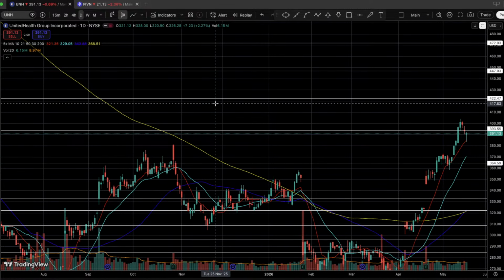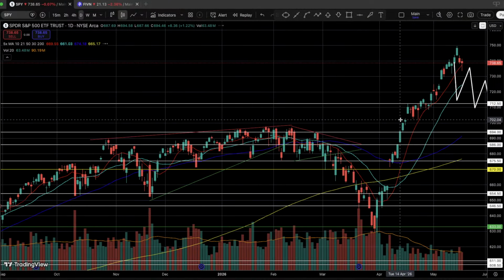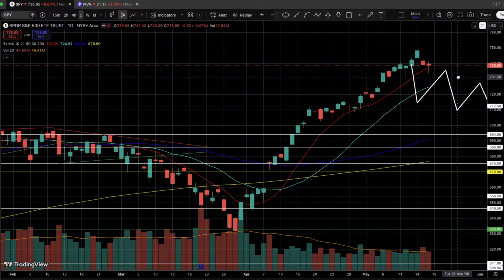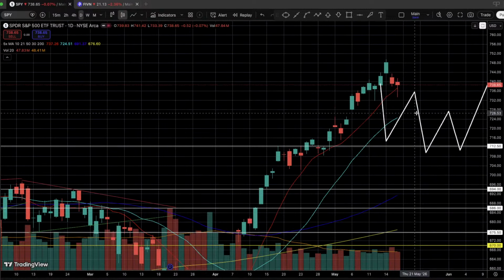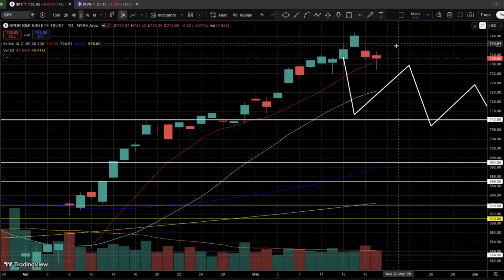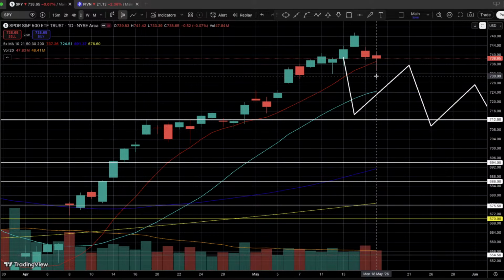All right, so let's first quickly go over the overall markets. We ended up breaching the daily 10 SMA on SPY, and then we snapped right back over it. That's the usual reaction we tend to see on an initial test of any moving average, whether it be a simple moving average or an exponential moving average.